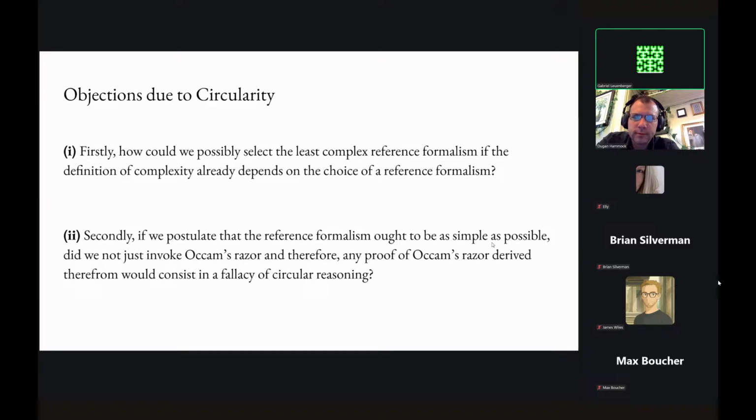Because both of these objections contain some kind of circularity, they can easily get conflated with each other. People might not know that these are two different objections, and then it will confuse them even more. So you can clearly distinguish the two, and then you get less confused.